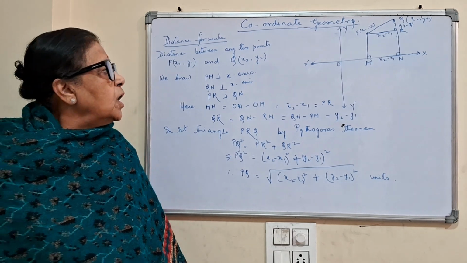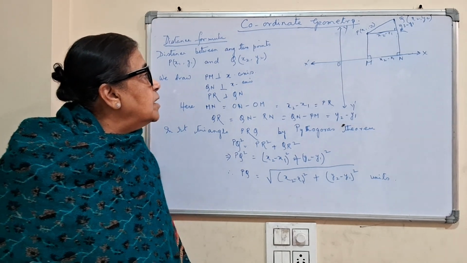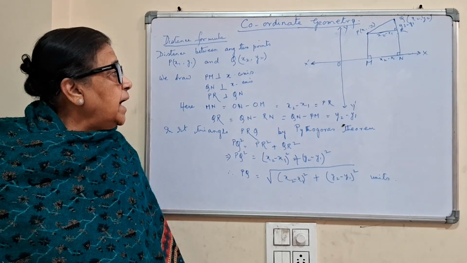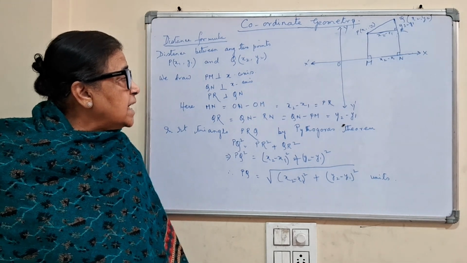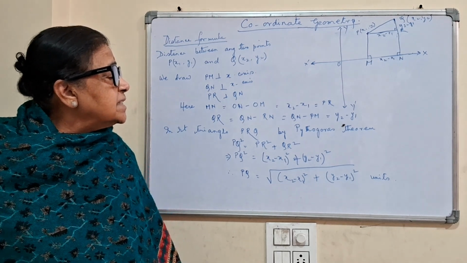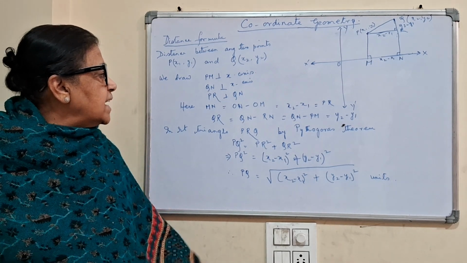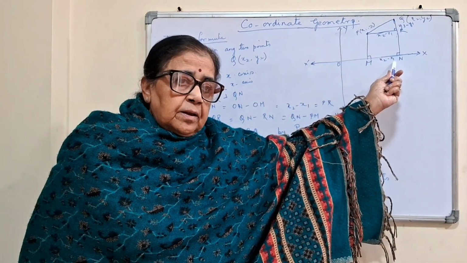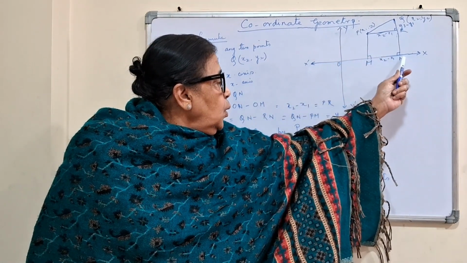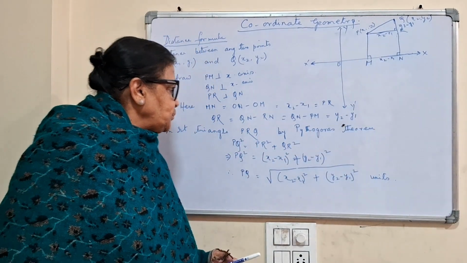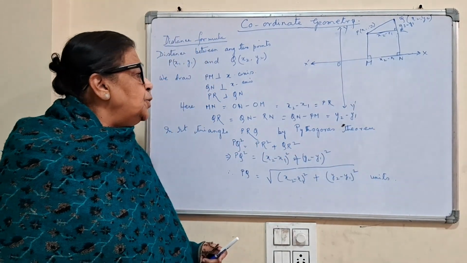ON is the distance of point N, the foot of point Q on the x-axis, that is x2. So MN is x2 minus x1. Suppose ON is x2 and OM is x1. Then that is equal to PR.